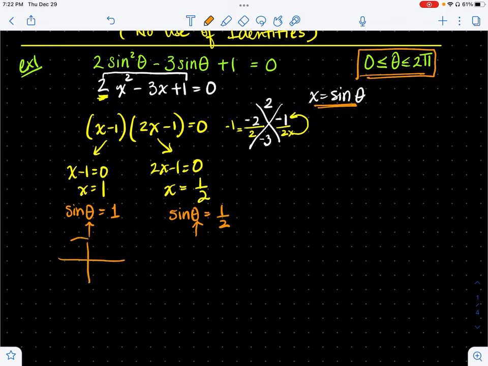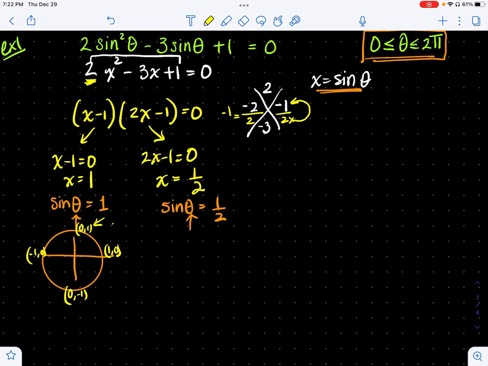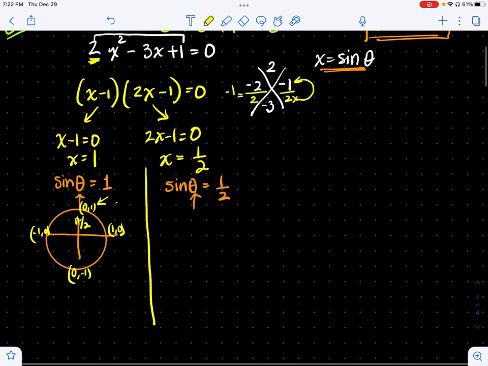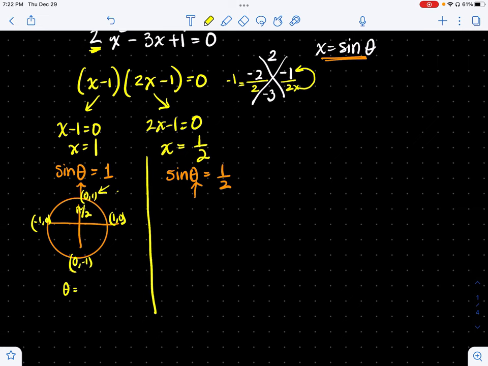So if you recall, the points 1 comma 0, 0 comma 1, negative 1, 0, and 0, negative 1. The angle where sine equals 1 is this one. That angle is pi over 2. So from our first set of equations, we have concluded that theta must equal pi over 2.